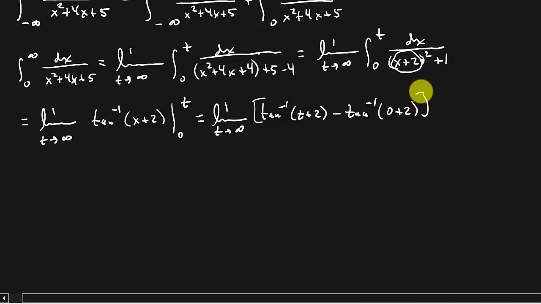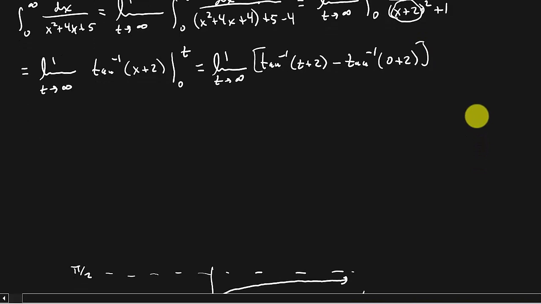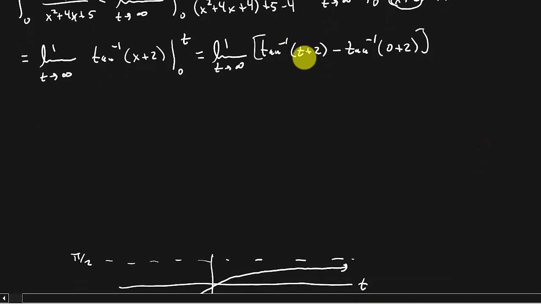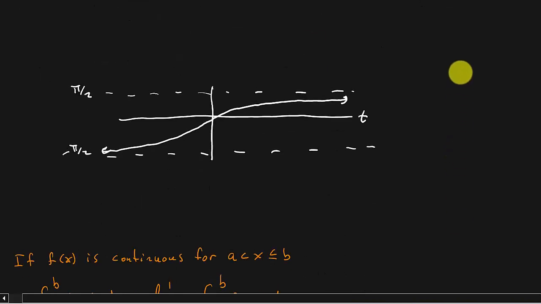All right, so let's look at this. So if we integrate this, t is going to infinity. All right, t's getting really, really big. So that means we're taking the inverse tangent of a number that's getting larger and larger and larger.